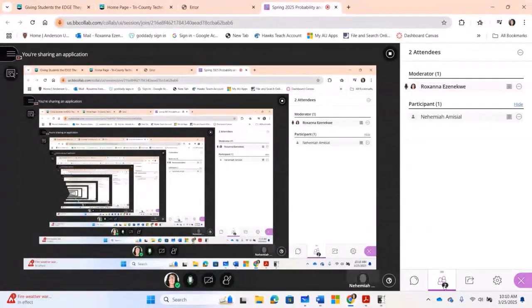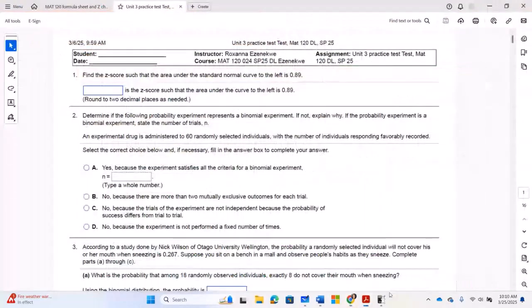Calculator is more accurate. So remember, whenever you're given area inside the normal curve, to calculate the z-score, you do inverse norm.